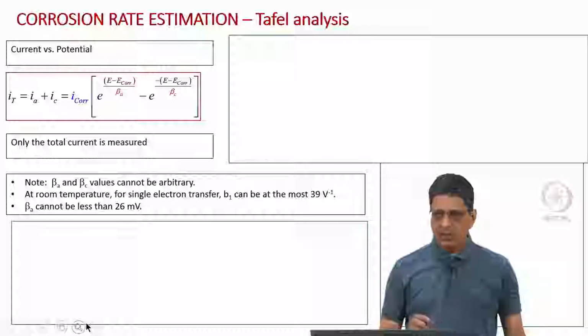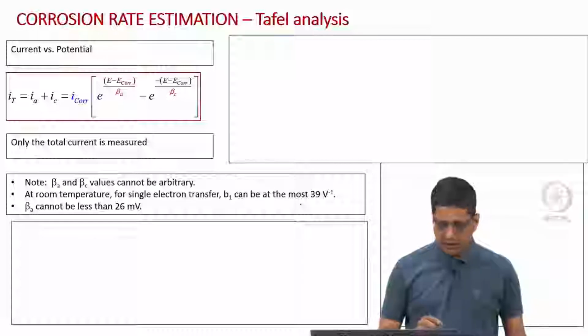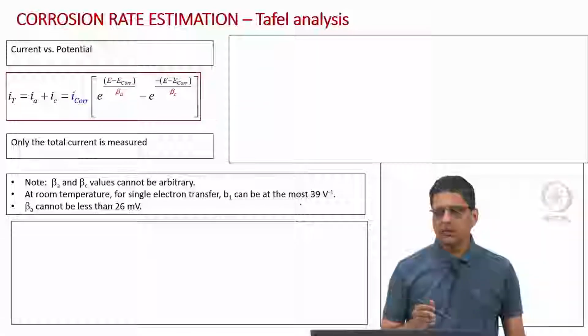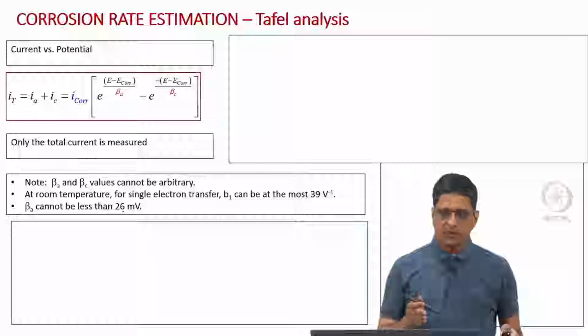At room temperature, if n is 1, then RT by F is about 26 millivolt, and 1 by alpha can vary between 1 to infinity. That means beta A has to vary between 26 millivolt to infinite if alpha is 0, but very large number. So, it can't be less than 26 millivolt. When you fit this data, you should be careful, you can't get an arbitrarily small number for beta A or beta C.